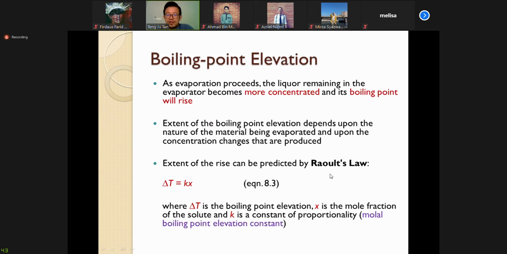I'm sure you haven't learned Raoult's law before. ΔT = Kx, where ΔT is the boiling point elevation, x is the mole fraction of the solute, and K is a constant of proportionality, the molar boiling point elevation constant.